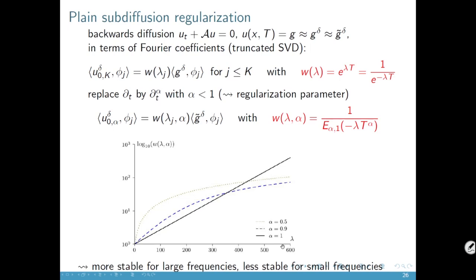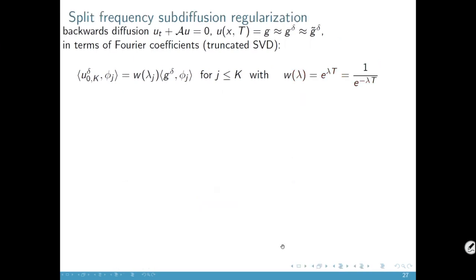However, here in front, the black line is actually even below the blue and green one, meaning that these amplification factors, though they are better in the limit of lambda to infinity, are actually worse for small values of lambda. And one should take this into account. One can do so by splitting the frequency range. So that's again the backwards diffusion.